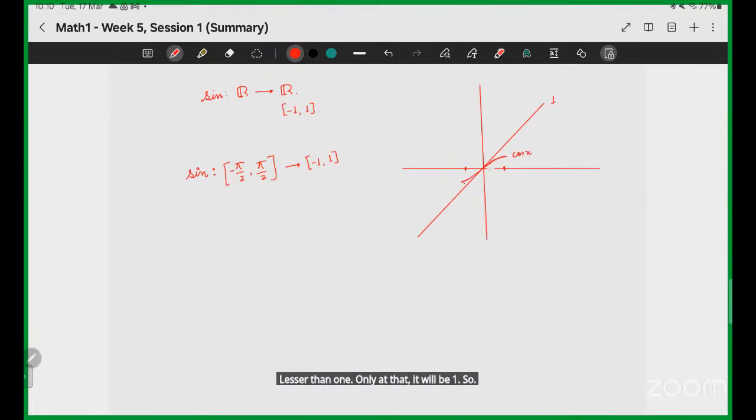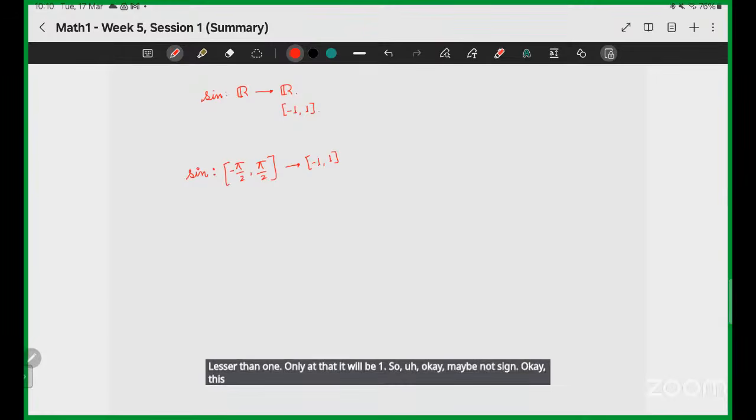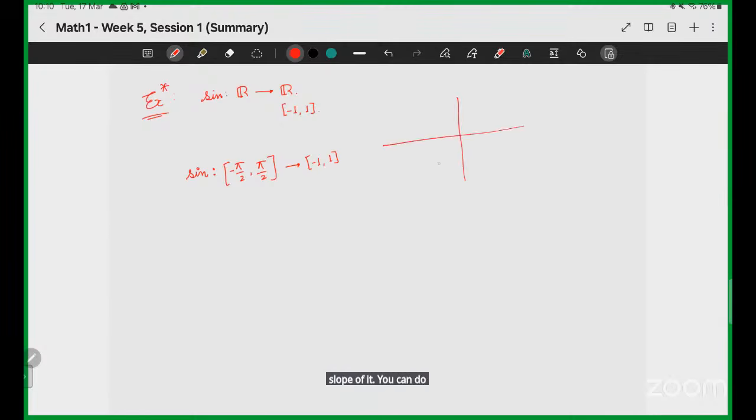So okay, maybe not sine. This is also a sort of harder exercise. You'll need to know the slope of it. You can take the line y is equal to x, and do this using Desmos. Just to understand the concept, you can still do this. So here is what you will do to understand what is happening.